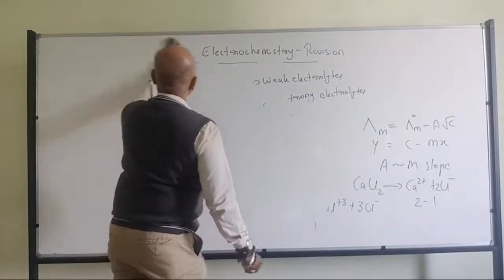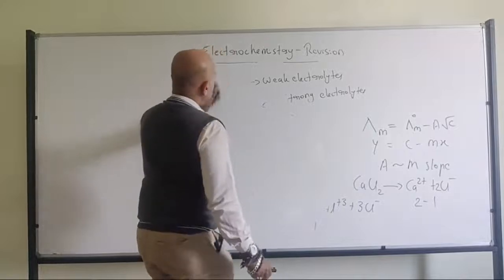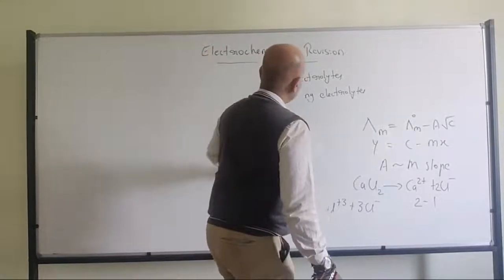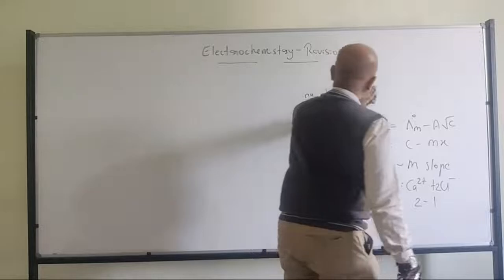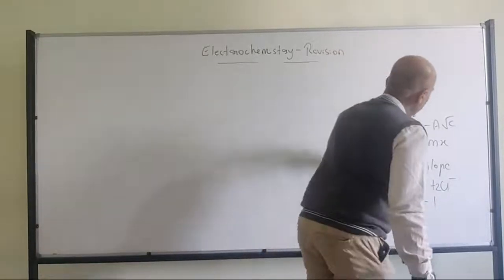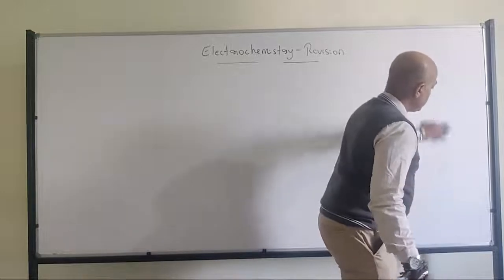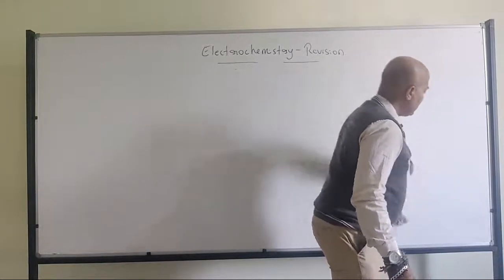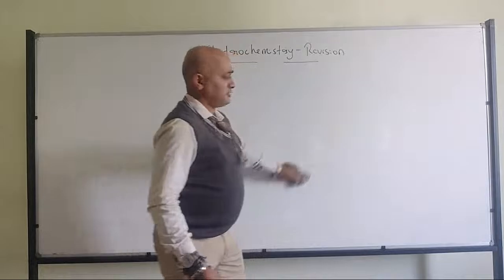Now why is Kohlrausch law there? Kohlrausch law is majorly applicable to calculate the molar conductivity of a given electrolyte. It can be a strong electrolyte or a weak electrolyte.